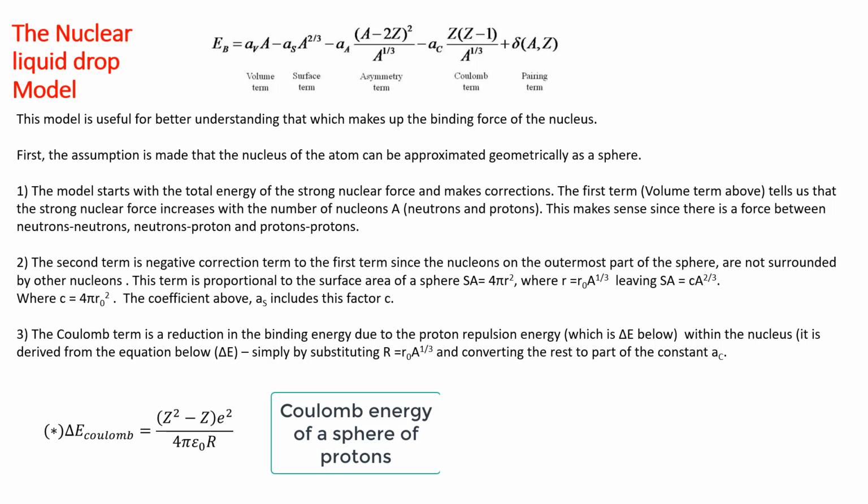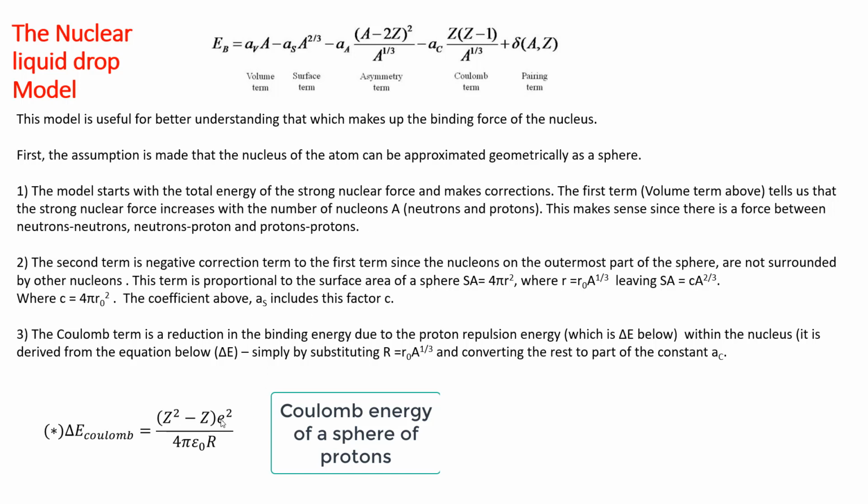So if we substitute the radius of the nucleus for this, and convert the rest to part of the constant a sub c, that's how we get this right here. So again, that's where the A to the 1/3 comes from. Z times Z minus 1 is just Z squared minus Z. The rest of these are constants.